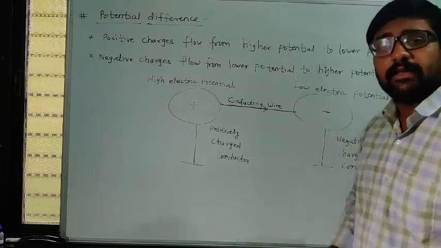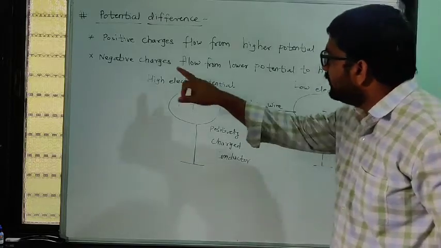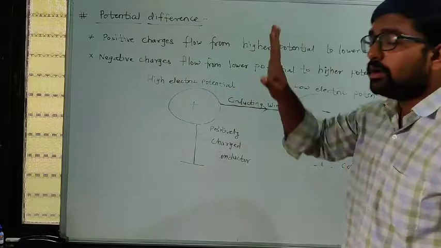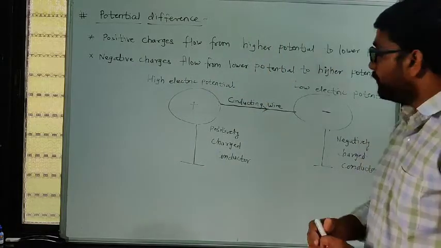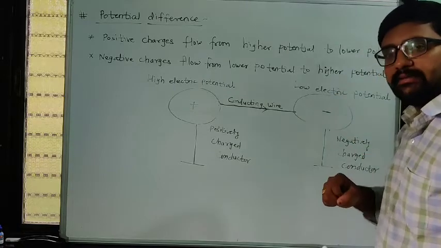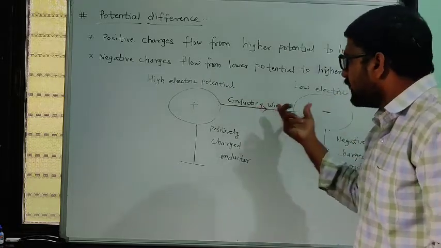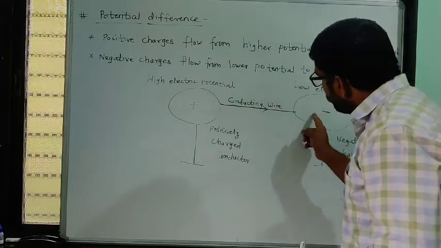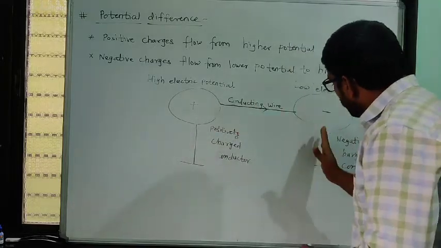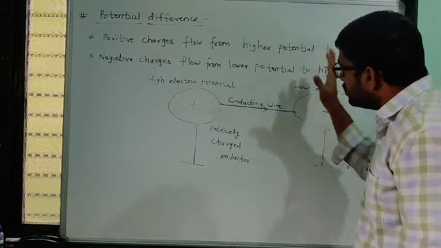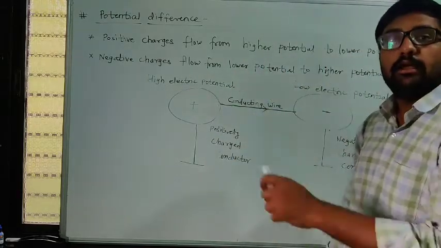Similarly, at the same time, we know negative charges flow from lower potential to higher potential. Here negatively charged electrons are present. As we connect this wire between the two conductors, negative charges start to flow from the negatively charged conductor, which is at low electric potential, to the high electric potential.